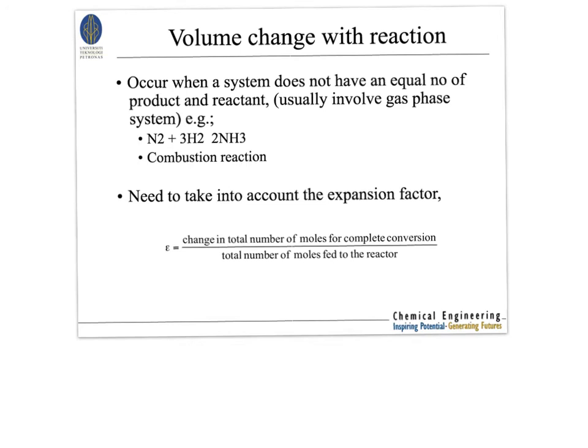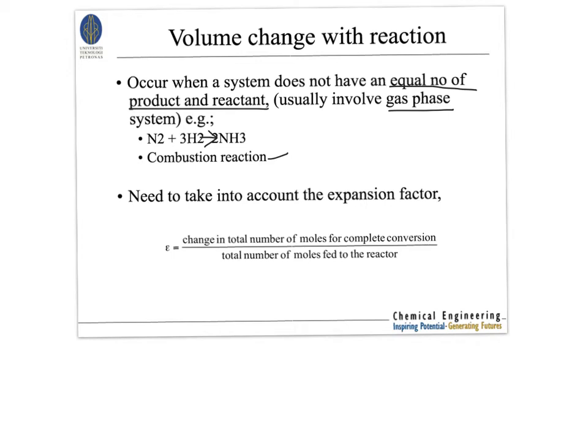Now we look into a system where the volume changes with the reaction. It occurs when a system does not have an equal number of moles of product and reactant, so it usually involves a gas phase system. For example, N2 plus 3H2 producing 2 moles of ammonia gas, and also combustion reactions.